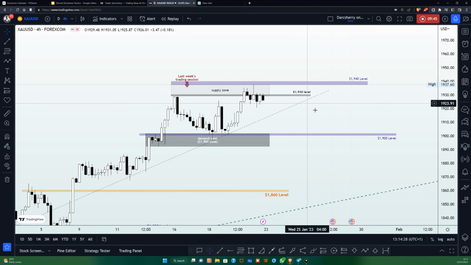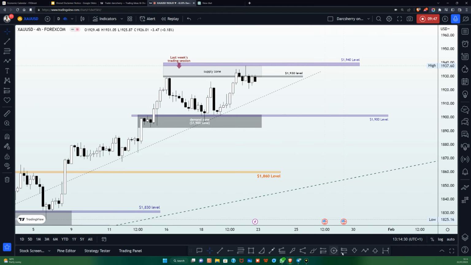Then the other possible situation that could happen here is to wait out for a breakdown of this demand zone here at the $1,900 level, taking out all the buy positions here, followed with selling pressure below the structure in our lower time frame to give us an opportunity to sell the XAUUSD.